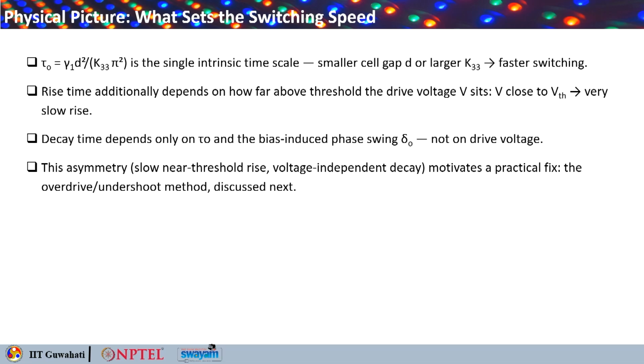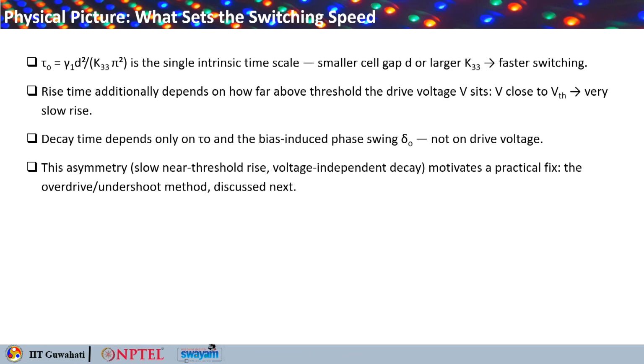The rise time is strongly voltage dependent, and it becomes very slow when the applied voltage sits just above the Friedrichs threshold, which happens often in practice for intermediate gray levels. On the other hand, the decay time in contrast does not depend on the drive voltage at all once the field is removed.